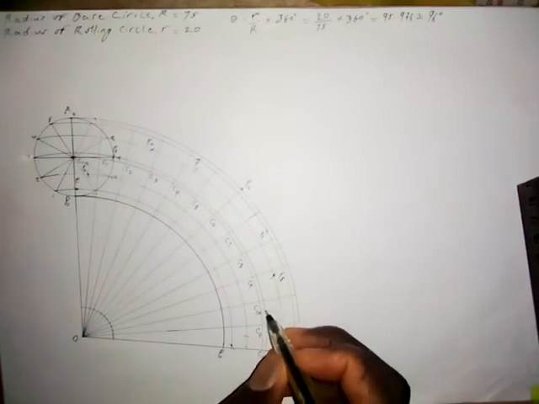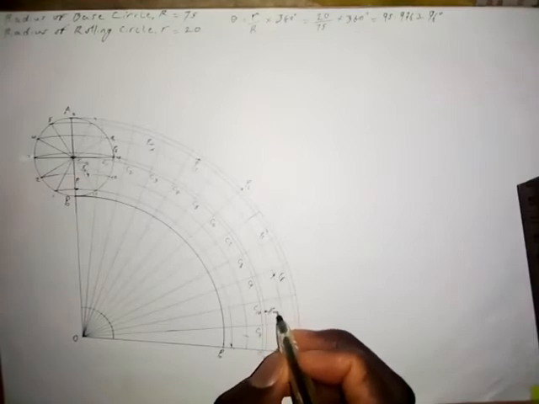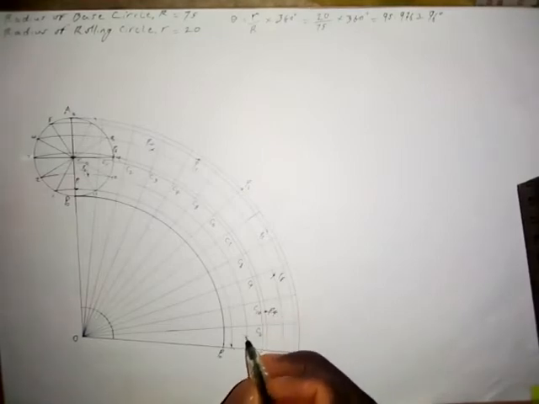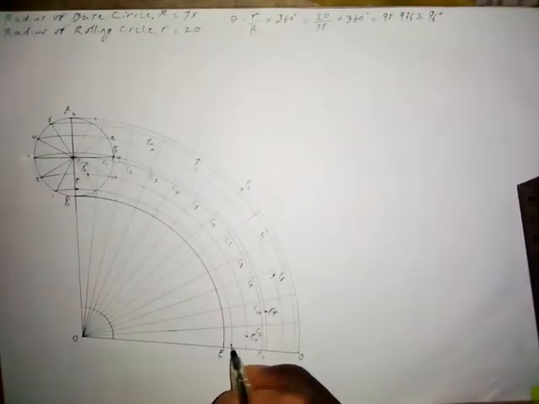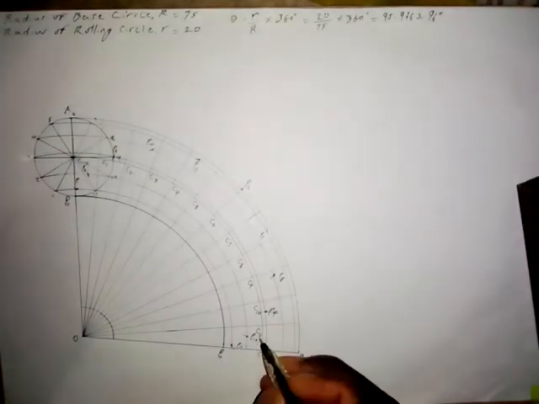Here we have this point, P9. We have this point, P10. And here we have P11. We already have P0 here.